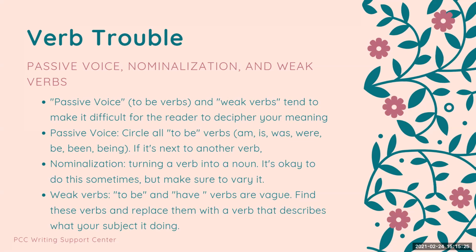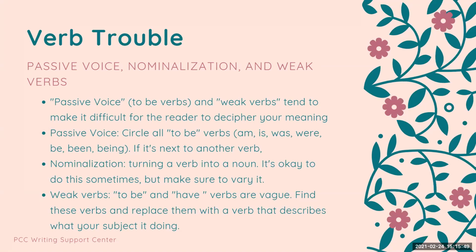Nominalization refers to when you turn a verb into a noun. So for example, instead of saying discovering, you say the discovery, or this results in rather than the result is, rather than resulting.